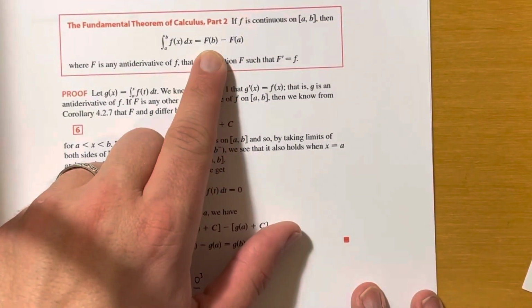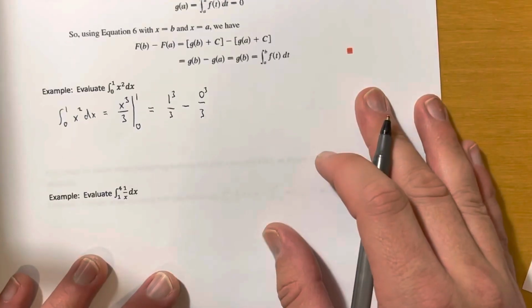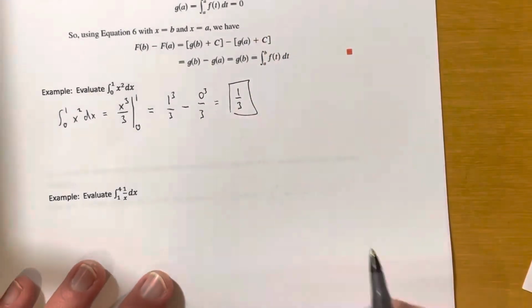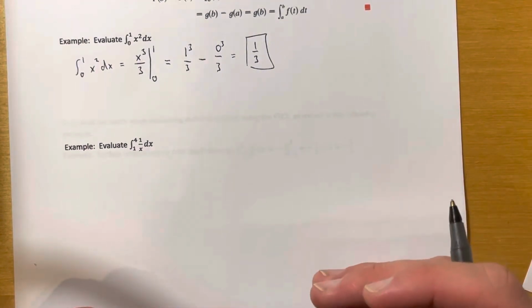I take my antiderivative, plug in my upper limit, subtract my antiderivative evaluated at my lower limit. This, of course, is just equal to 1/3. And that was easy, right? That really wasn't that bad.